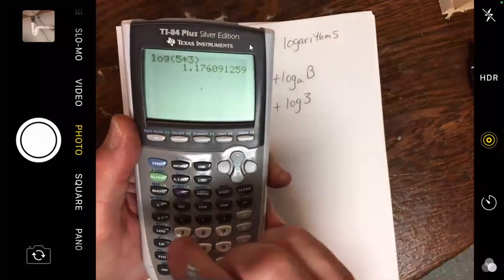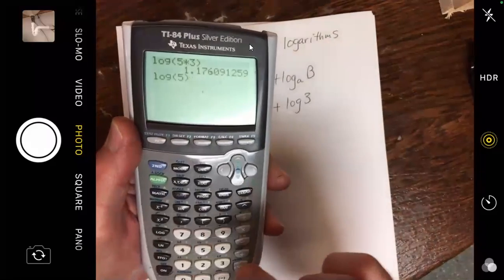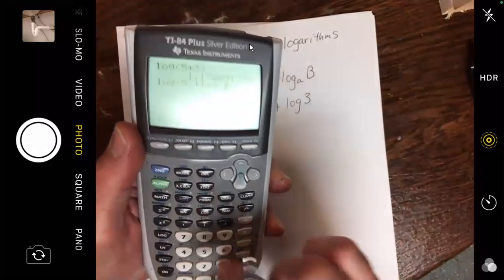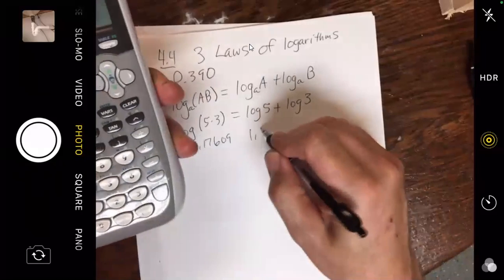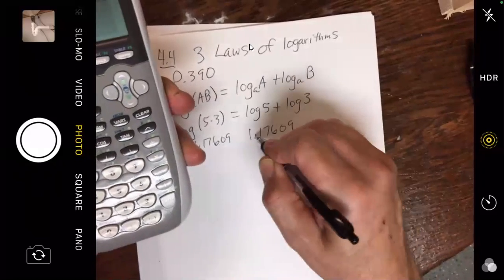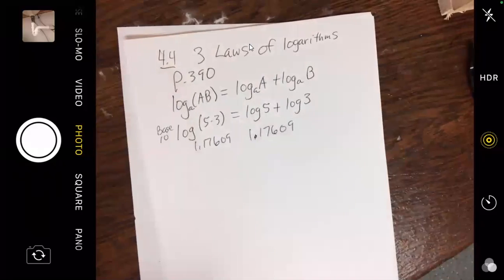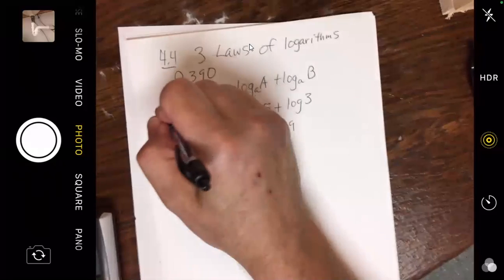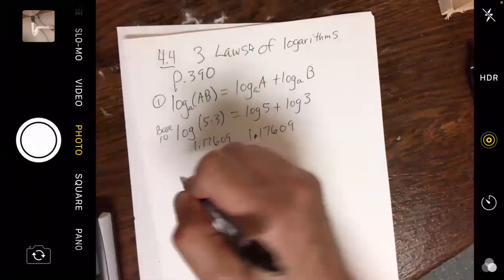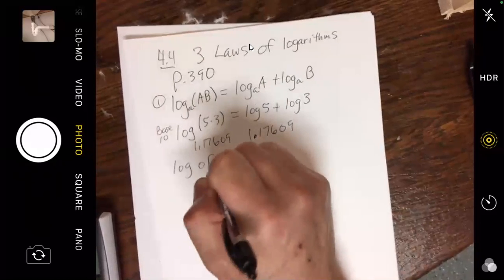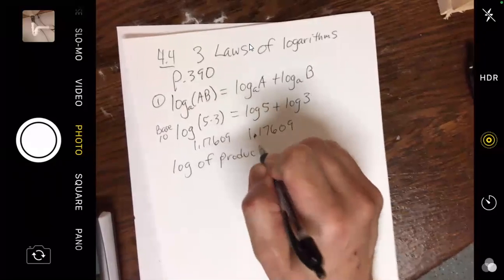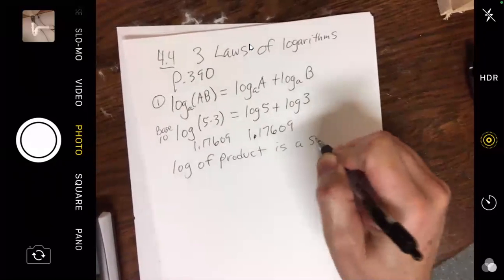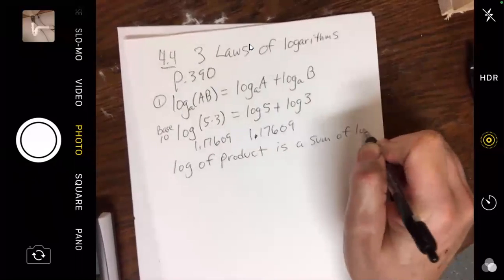And then if I punch log 5 and add log 3, there you are, the same number. That's the first law. Log of a product is a sum of logs.